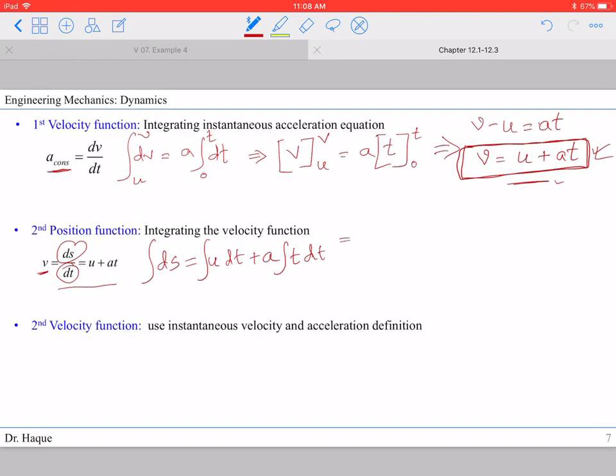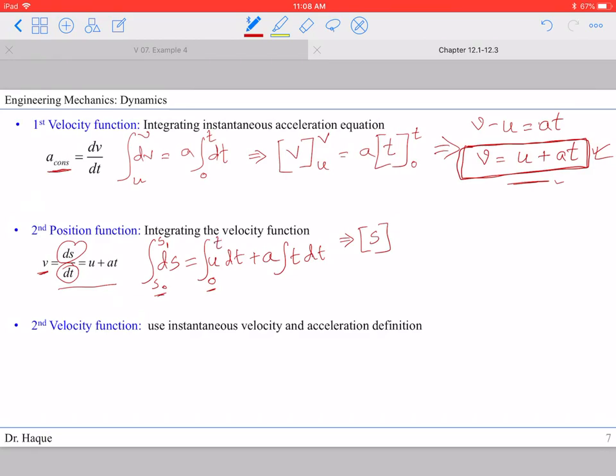If we do integration of this, we'll get s. So if we assume the upper and lower limit, I have not put that yet. So s initial at time equals to 0, and s final at time t. So at time equals to 0, the position was s naught.